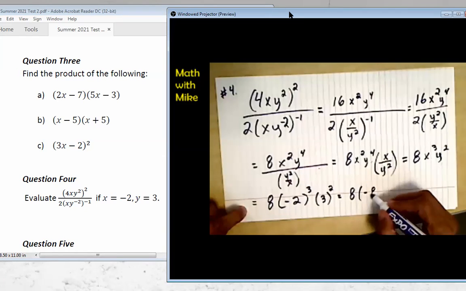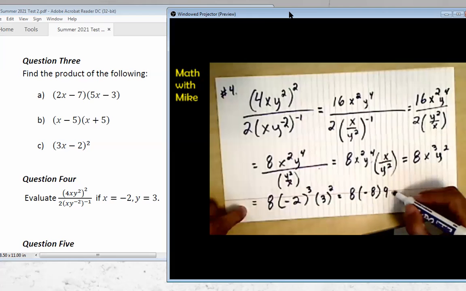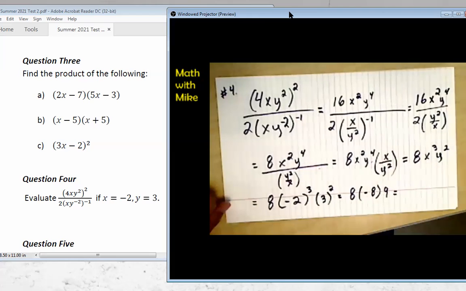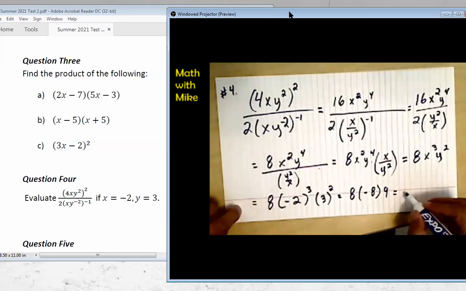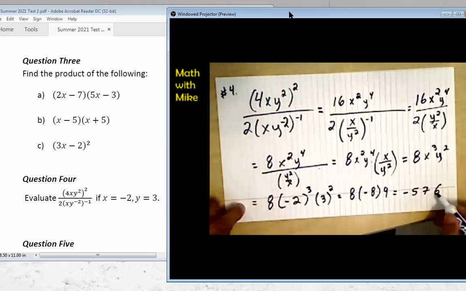That second answer will be a -8, and that will be a 9. And this will give your whole final answer of being something like -576 when you work that out.